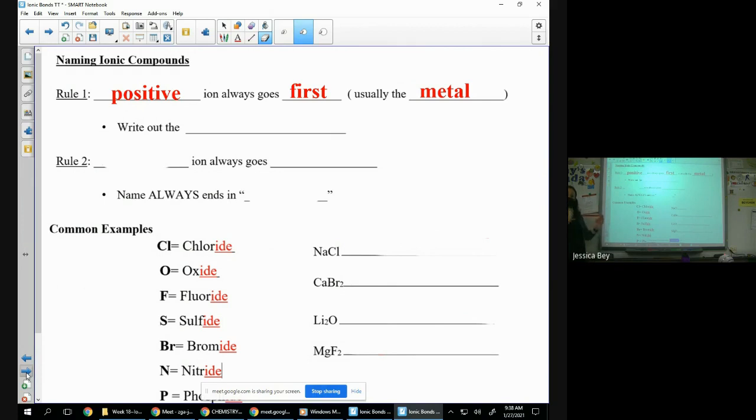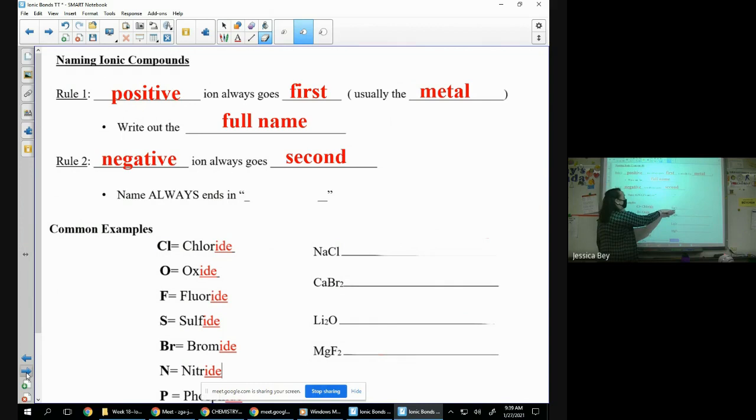When you write the first name, you write out the full name, like hydrogen, calcium, barium, sodium. The whole name. For the second ion, though, you're going to put the negative ion. It always goes second. That's usually your non-metal.